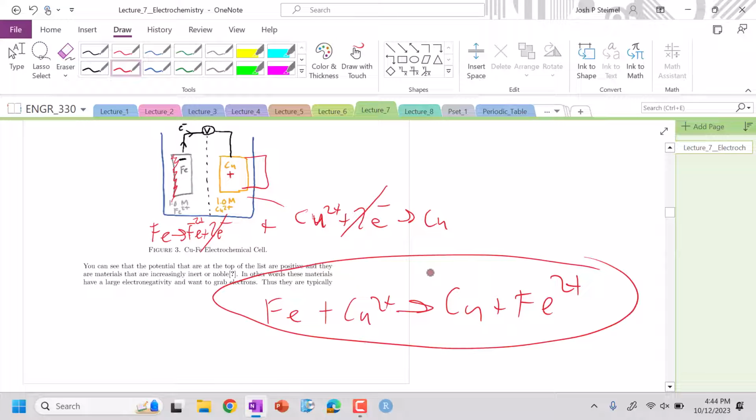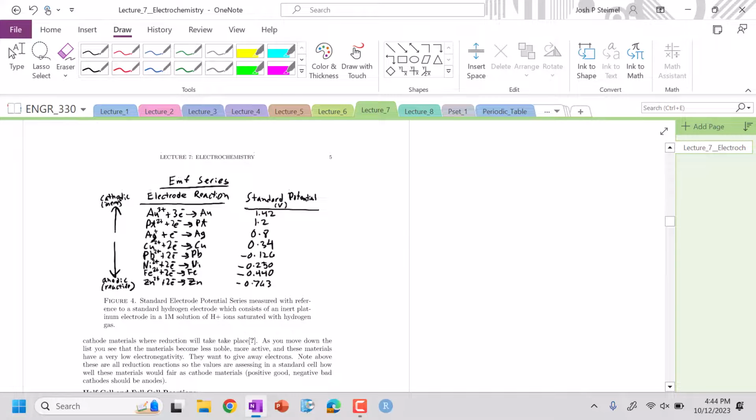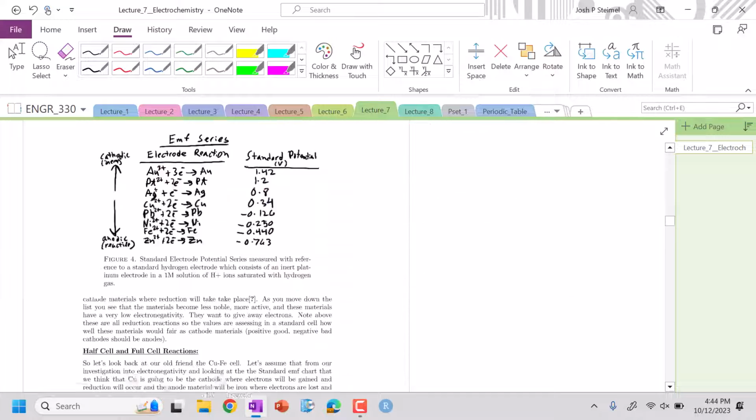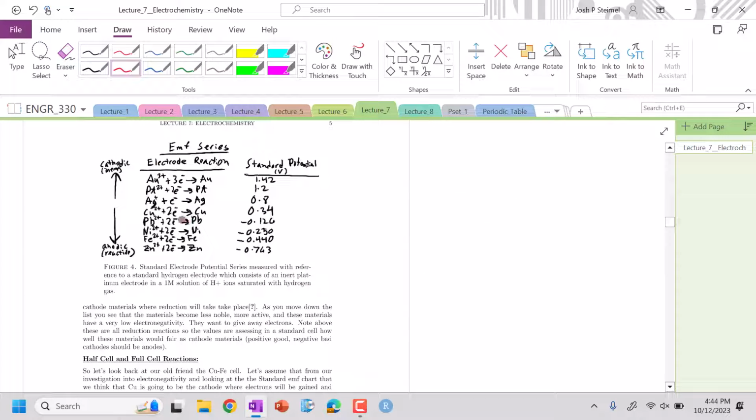We can calculate the voltage, or the E naught of our cell, by doing our E naught of the positive terminal minus E naught of our negative terminal. And when we do that, our positive terminal would be 0.34 minus negative 0.440.